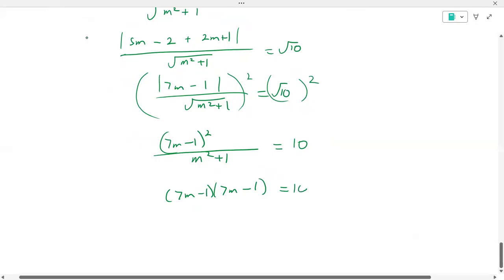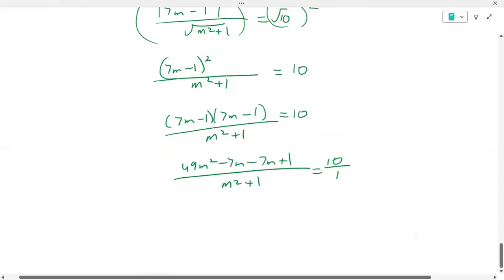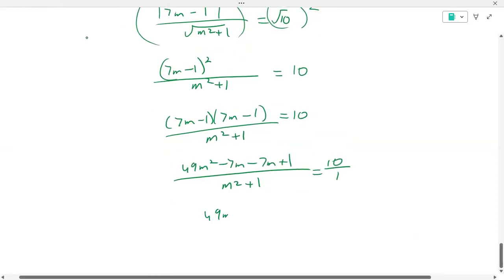That's 49m squared minus 7m minus 7m plus 1 all over m squared plus 1 equals 10, which I'm now going to write as 10 over 1. When I cross multiply, 49m squared minus 14m plus 1 equals 10m squared plus 10.